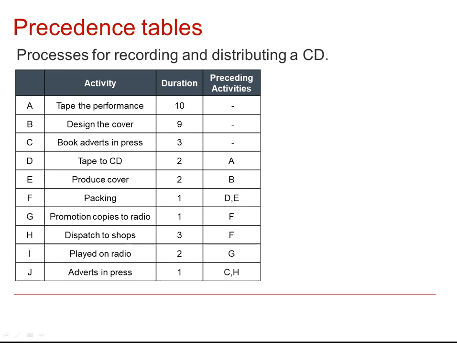They're the first things to be started. But if you think about converting the tape to the CD, obviously you can't do that until we've actually taped the performance itself, so it can't be put onto a CD until the performance has been taped. So the right hand column shows which activities are done before other activities.